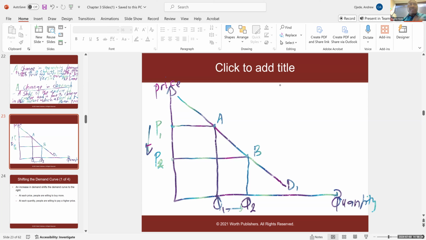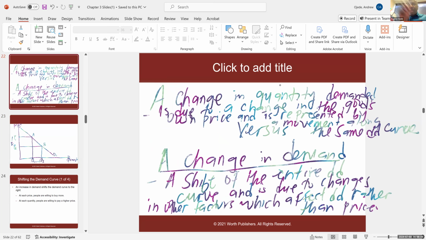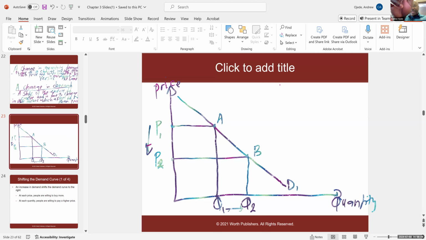Like you see what the definition says? A change in quantity demanded is due to a change in the good's own price and is represented by a movement along the same demand curve. See, we move along the same demand curve when the price changes. And the converse will be true. Suppose we move from point B to A, that means price goes up from P2 to P1, and that's going to lead to what we call a decrease in quantity demanded.